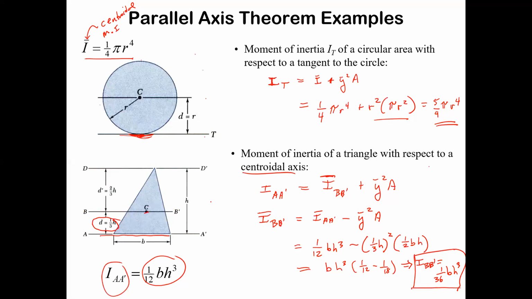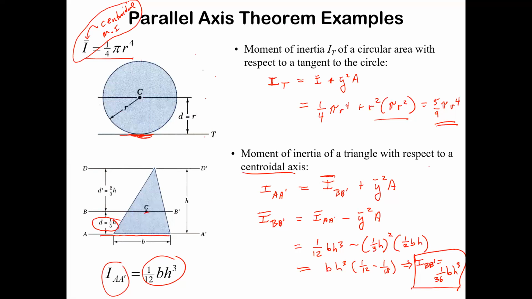It's sort of redundant because BB' is the centroidal axis, and I bar means the moment of inertia about the centroidal axis, right? When you see that bar across there, that's the centroidal moment of inertia. And we're just shifting it.